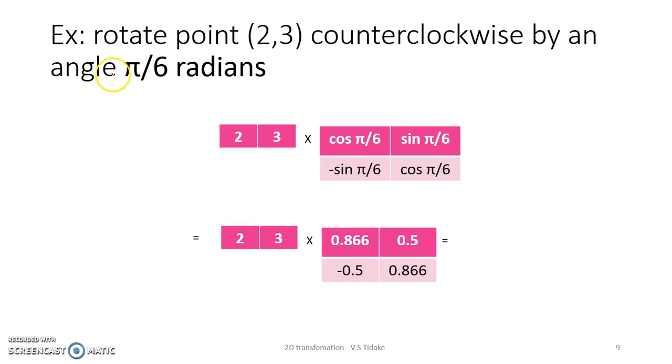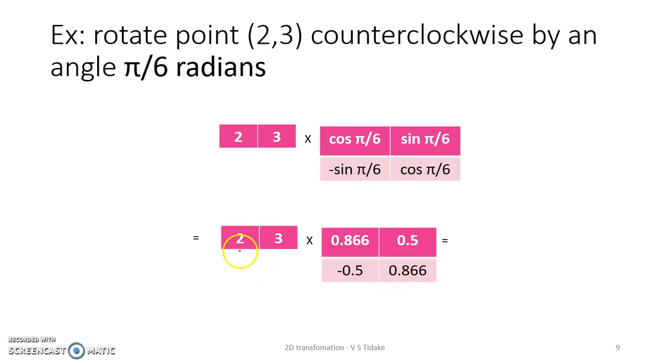Let us see one example. Suppose we want to rotate a point 2, 3 in the counterclockwise direction by an angle pi by 6 radians. Then the point will be represented by a matrix 2, 3, and our rotation matrix for anticlockwise direction is cos pi by 6 sin pi by 6 minus sin pi by 6 cos pi by 6. If we calculate these values, we will get this matrix.